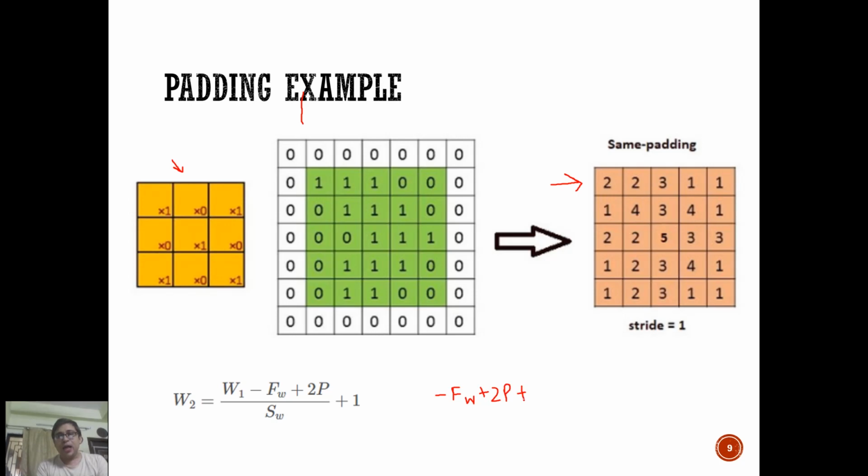And what is your FW? FW is 3. So your 2P becomes 2, and your P becomes 1. That's how you come to know that if you pad by one column on both sides, then you will get same padding, or the same size target.